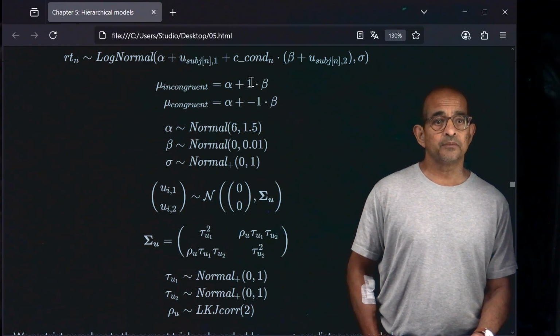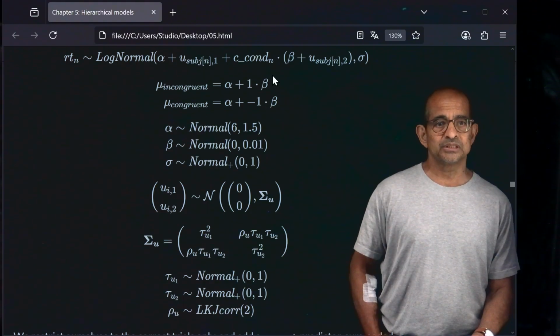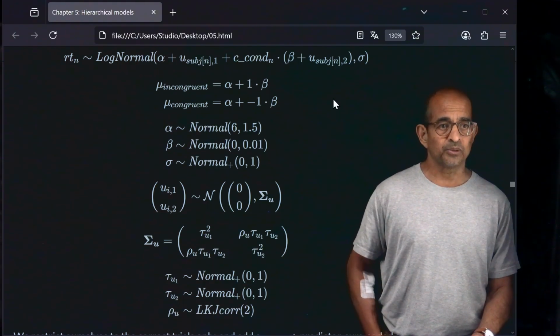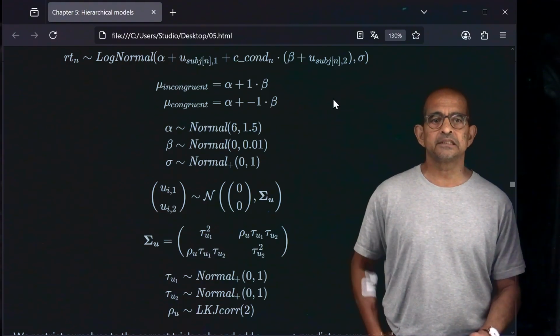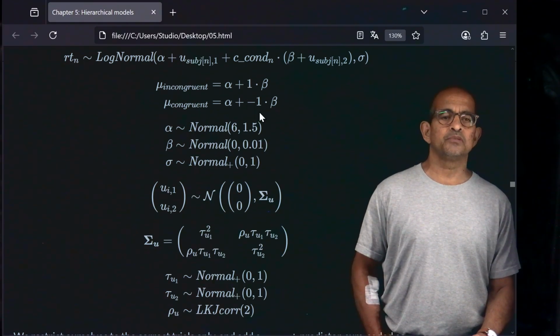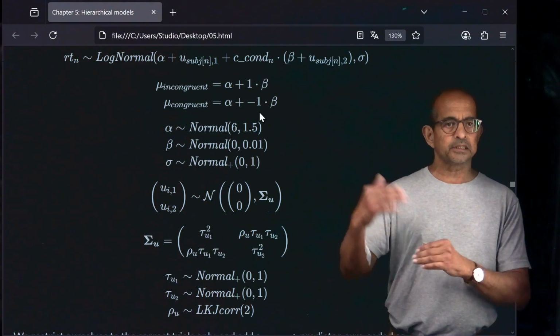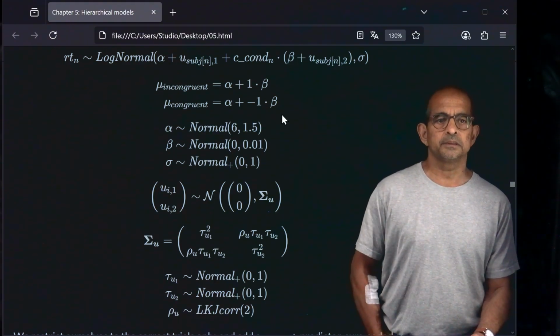What we are doing is centering the predictor, because the average of these two would be 0. I will discuss all that later in detail, but it's enough to know that we are just centering the predictor by sum coding it to +1 and -1 here.